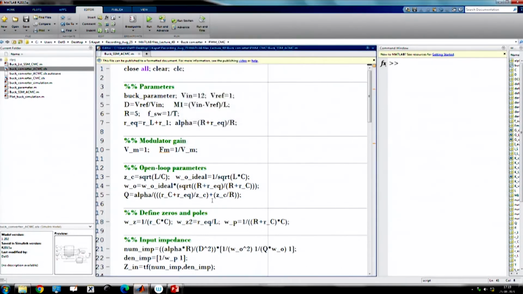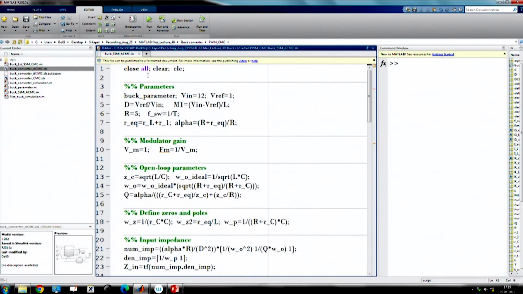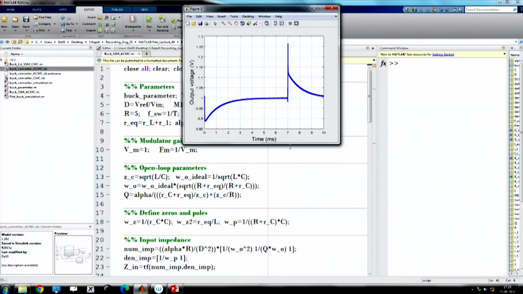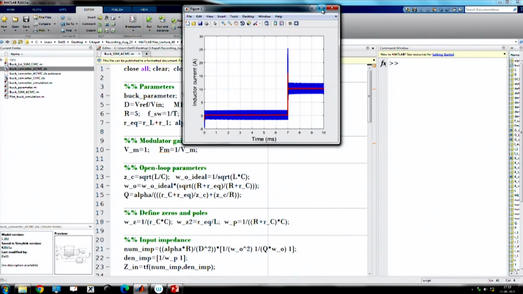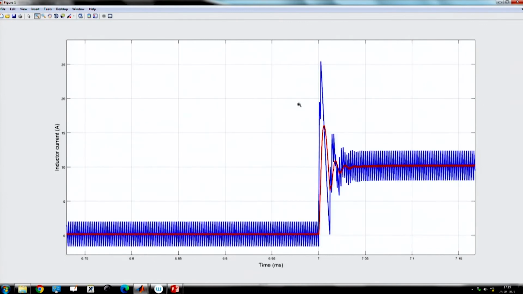Okay, so I think we will not jump directly into such a large value. Initially let us simulate and see. So this is something which is undesirable because you want to maintain the average current perfectly, but the penalty you are paying is at this transient when the current is suddenly getting affected.